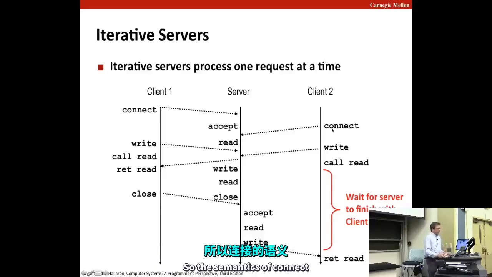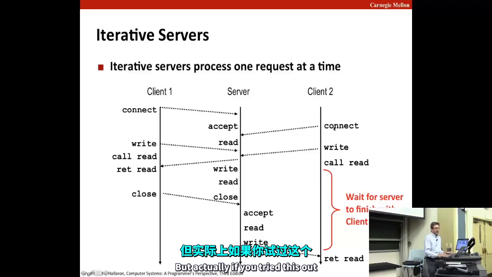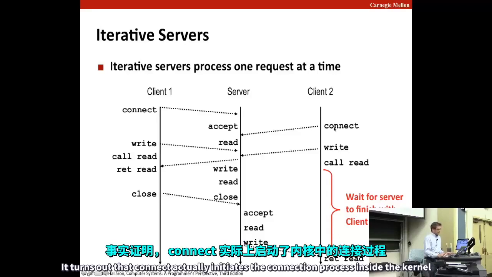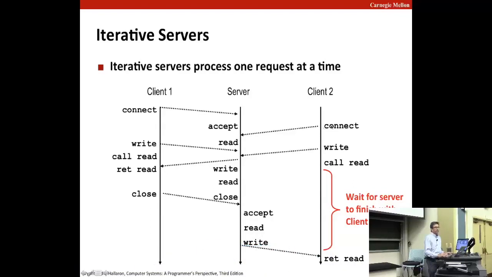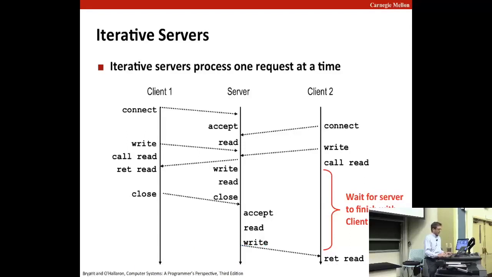So the semantics of connect, you would think that connect would block until the connection was established. But actually, if you try this out, it turns out that connect actually initiates the connection process inside the kernel, but then it returns before the connection has been established.